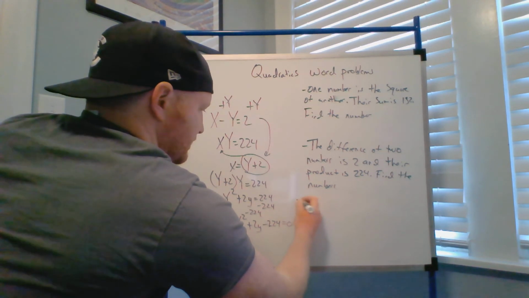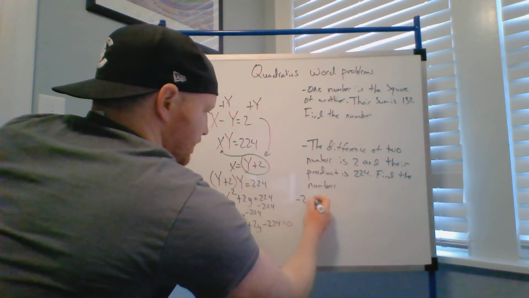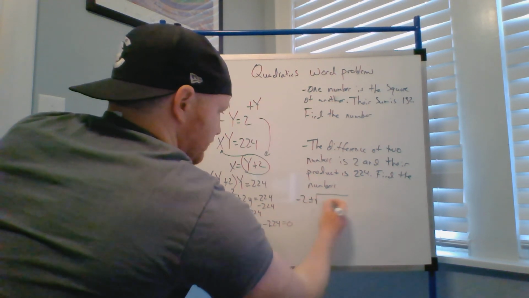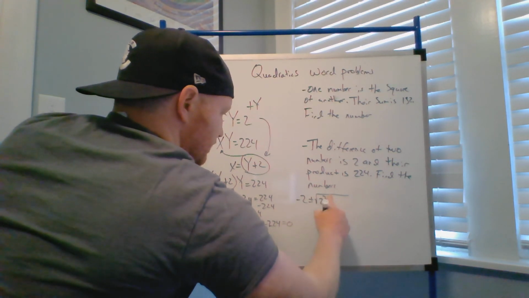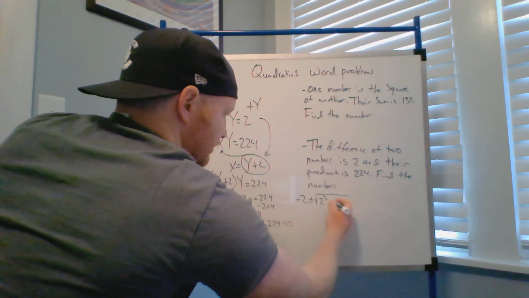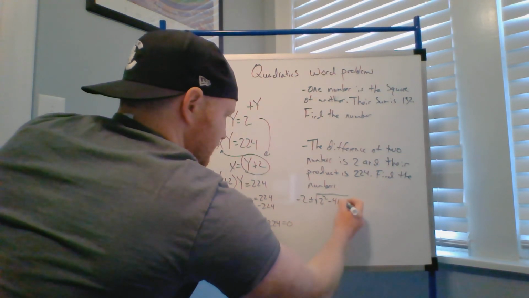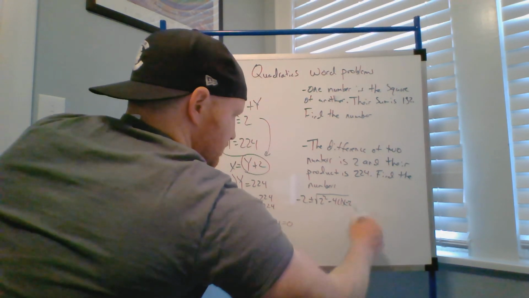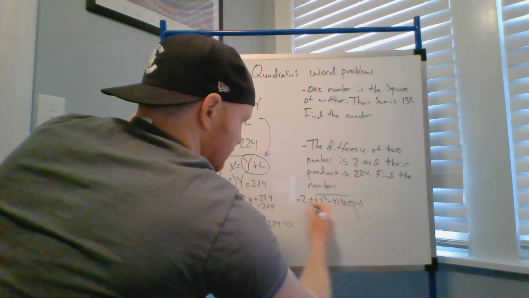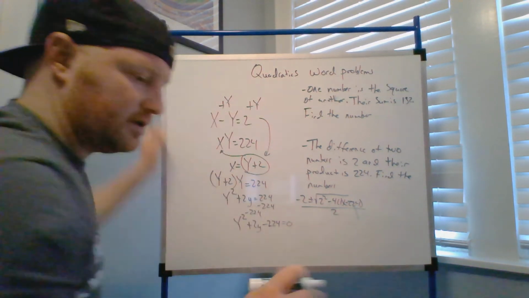That's going to be negative 2 plus or minus the square root of 2 squared minus, I made a mistake, minus 4 times 1 times negative 224, all over 2 times 1, which is 2.